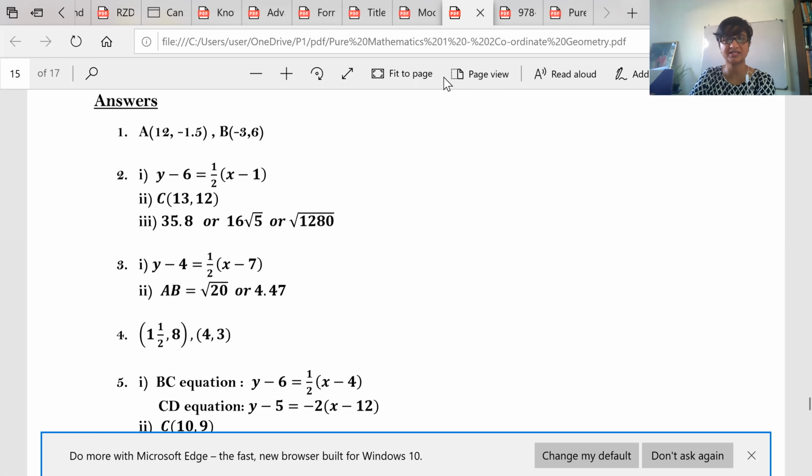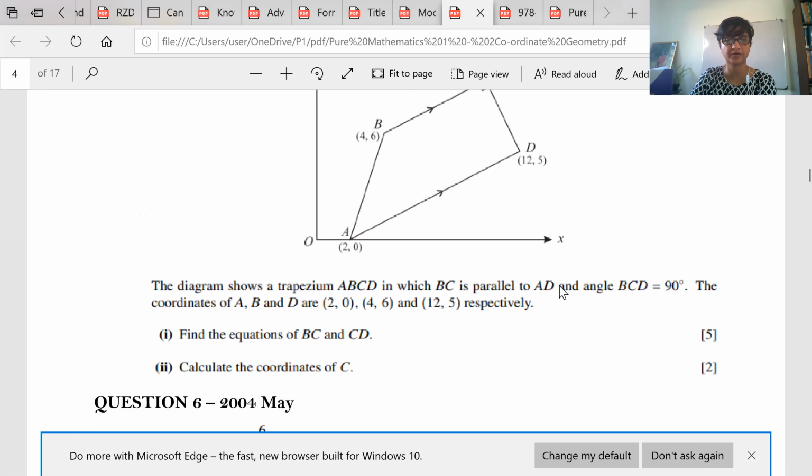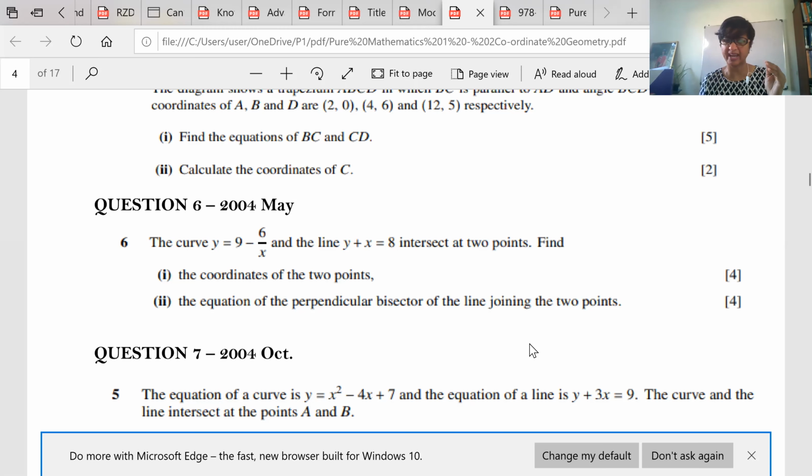Right, since I'm not hearing anyone saying no, I didn't get the answer, I will move on to number 6. Let us look at number 6. The curve, again, y equals 9 minus 6 over x, we don't know what that is. It's some curve, right? Don't worry about what that curve is.